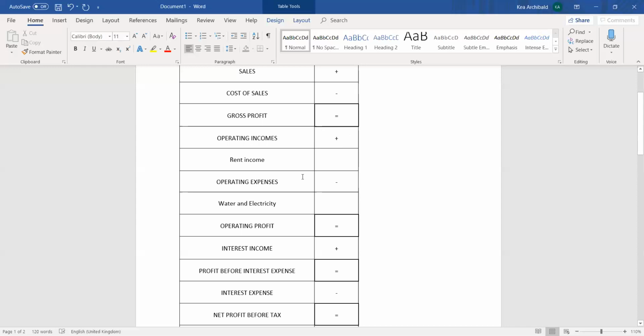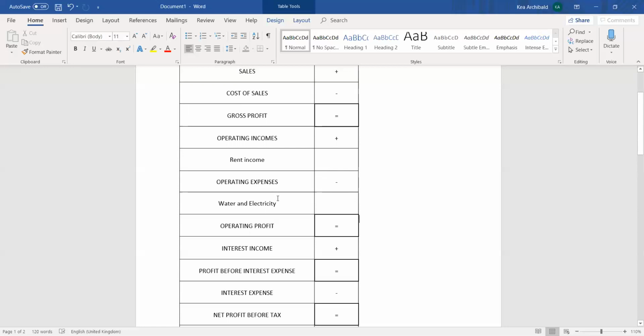We then have operating expenses. This is a negative figure in the income statement because it is money going out. There would be, again, a list of relevant expenses which are totaled to the operating expenses amount block here.